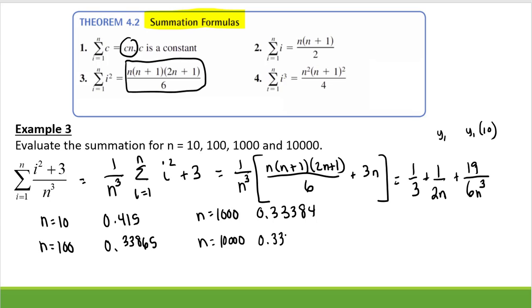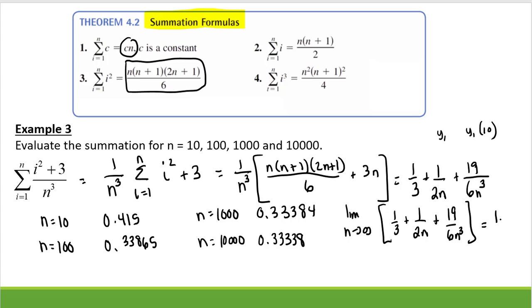Notice how as the n's keep getting bigger, what does this keep going to? Basically what you're looking at here and where we're going to lead you guys through this lesson is the limit as n goes to infinity of this function. Hopefully you see from your infinite limits that this is going to go to 1/3. Okay, so that's where we're going to be going with this video.